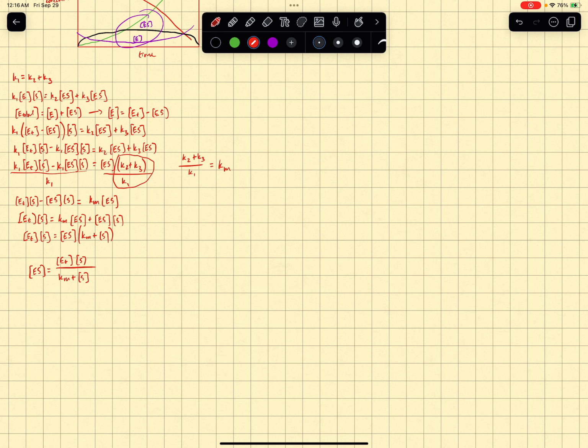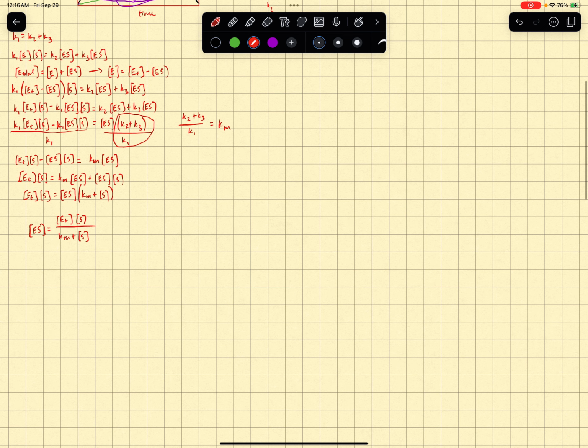Now, what we want to find is the rate that the product is being made with respect to time. I'm going to write it as this derivative because that's technically correct, but all this means is that we want to find the rate of change of the product with respect to the change in time.